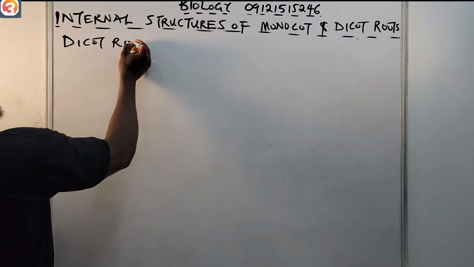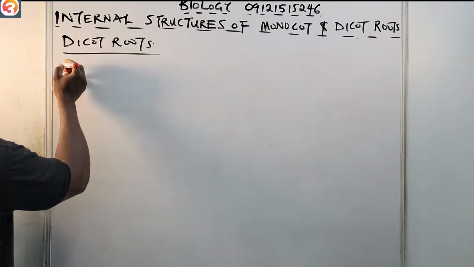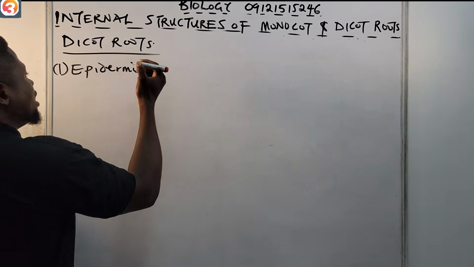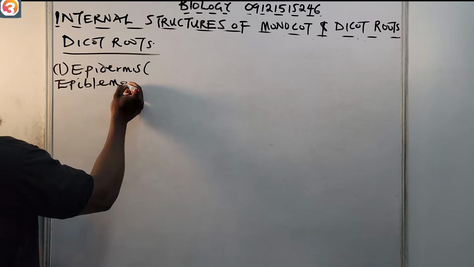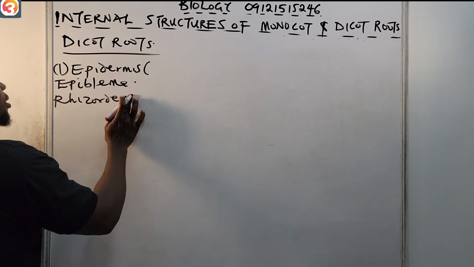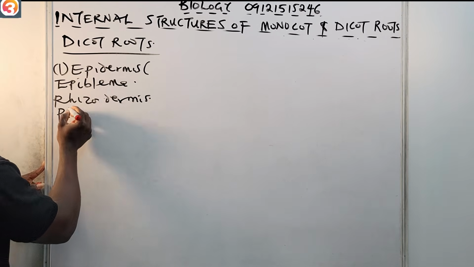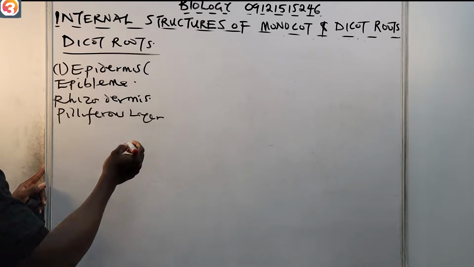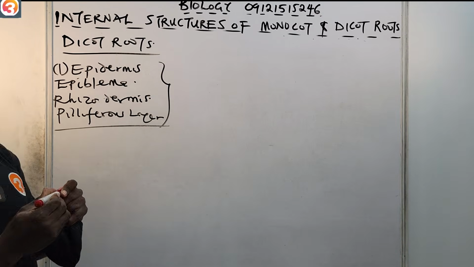So looking at dicot roots, the first part I'm going to look at is the epidermis. The epidermis is also called the epiblema, the rhizodermis, and the piliferous layer. What does it reveal to us?